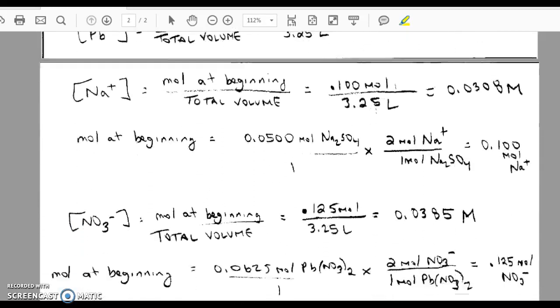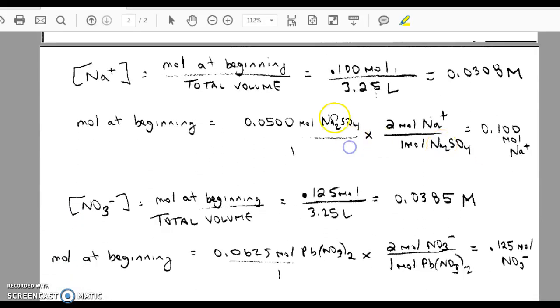So to get the moles at the beginning of the sodium, I take the moles of the compound and then use the fact that there are 2 moles of sodium ions for every 1 mole of sodium sulfate to get the moles of sodium. And then I divide the moles of sodium by the total solution volume to get the molarity of the sodium ion. Same is true of the sodium nitrate.